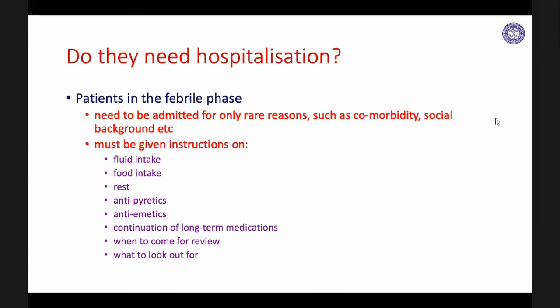If they are on long-term medications, we need to give advice about them. They may be on, for example, antihypertensives, anti-diabetes medications, anti-platelet medications, and so on. So those decisions are very important. Antihypertensives generally can be stopped, or you can continue until the critical phase.